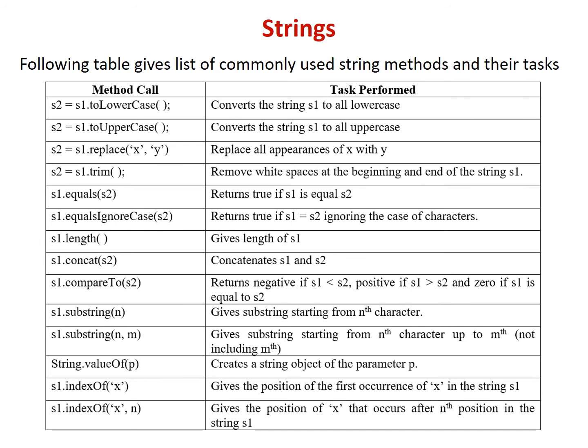Then the method substring will return the substring from the main string. valueOf method creates a string object of the parameter p. indexOf method gives the position of the first occurrence of the substring in the string, and then indexOf gives the position of x that occurs after the nth position in the given string.